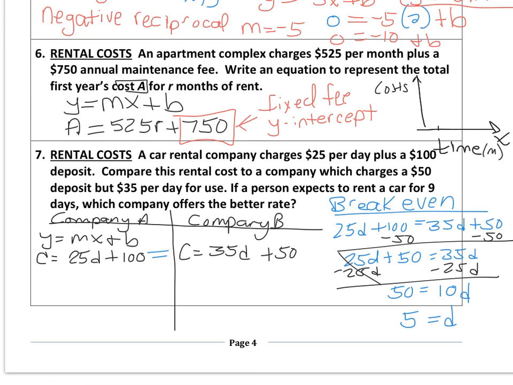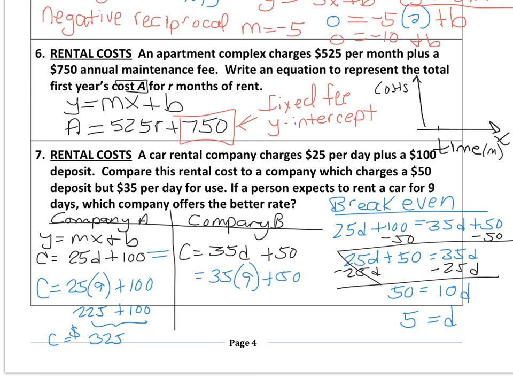So let's take a look at what that looks like. We would have 25 times 9 days plus 100, and that would be 225 plus 100. So you're looking at a total cost here of $325, which is a lot, but I guess it's not so bad for 9 days for company A. Now let's look at company B for 9 days.